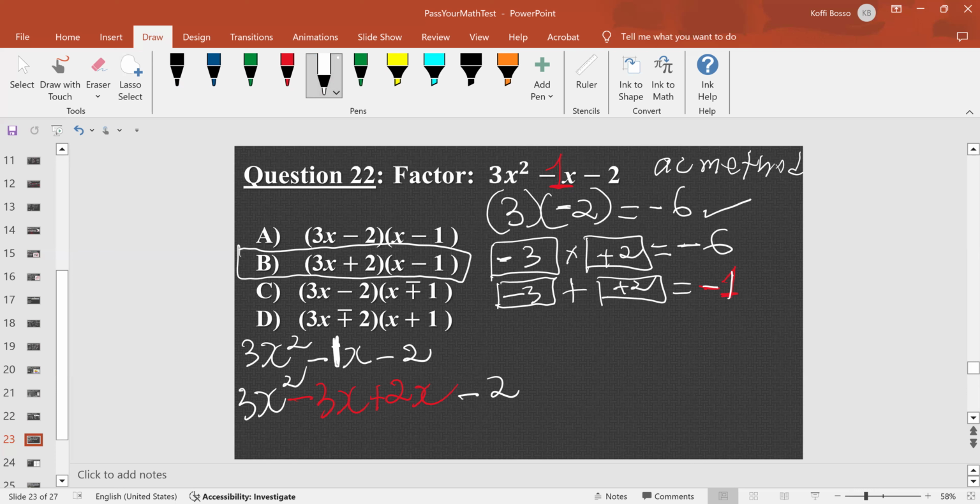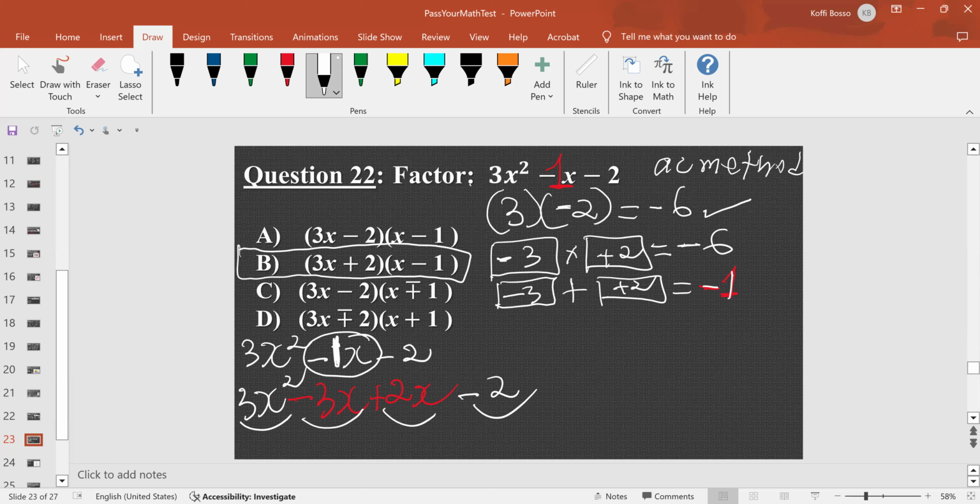So what I'm doing here is what? The negative 1x, I rewrote it using negative 3x plus 2x. So the two numbers we got in the boxes help me to rewrite the negative 1x as two other terms.